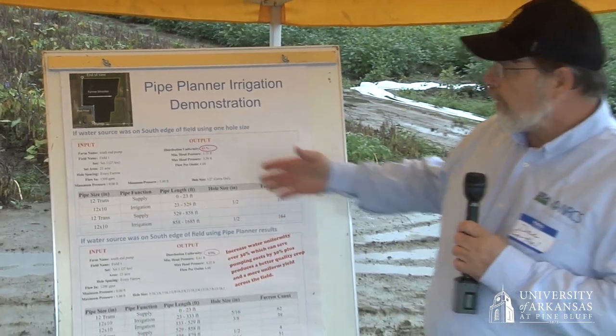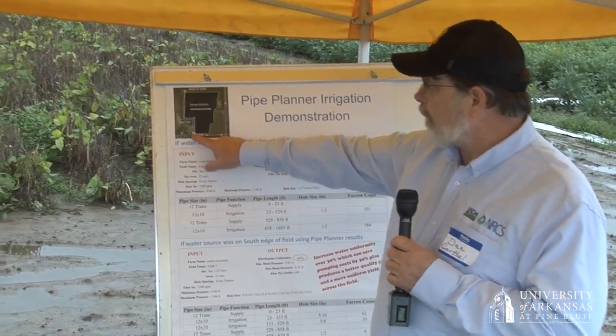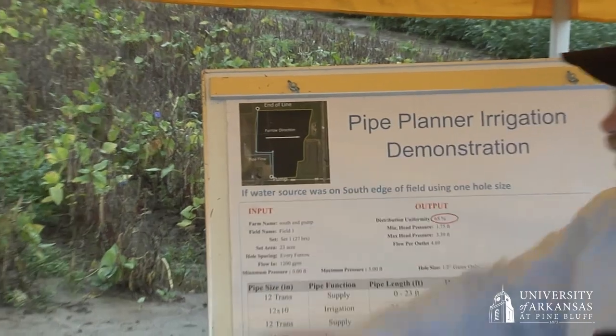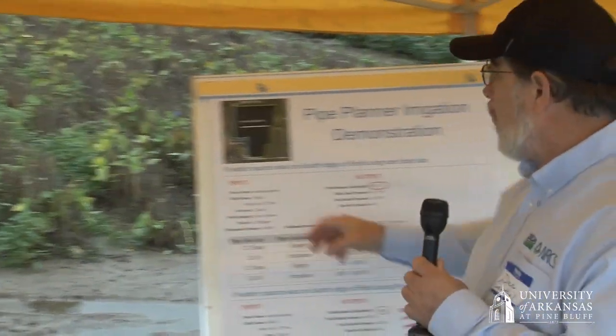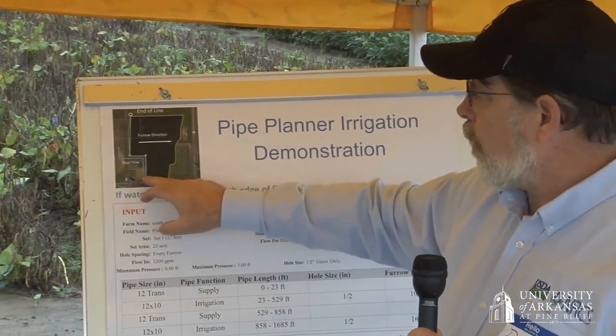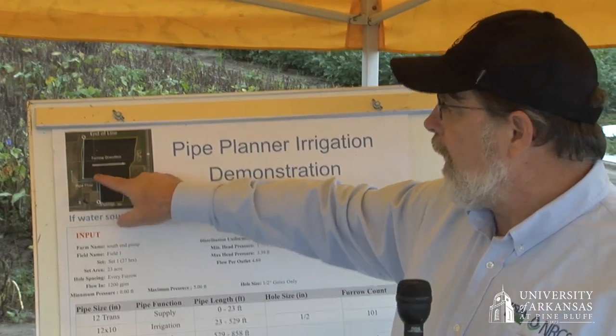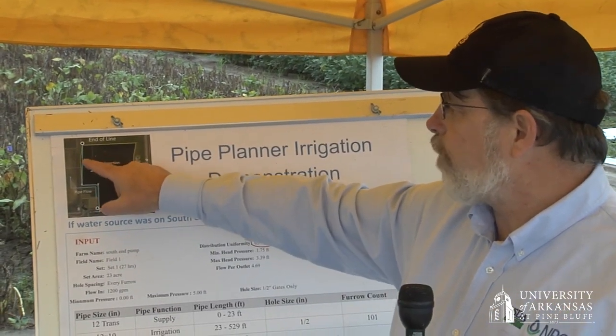So for example, in a field like this where you've got a pump located down here, excuse me, the wind's blowing today, there we are. As the water moves along the pipe, of course you've got more head or more pressure at the start of the line, and as you get to the end you've got less pressure.